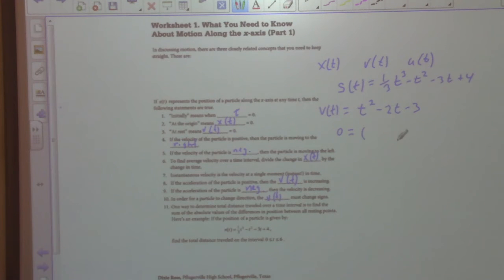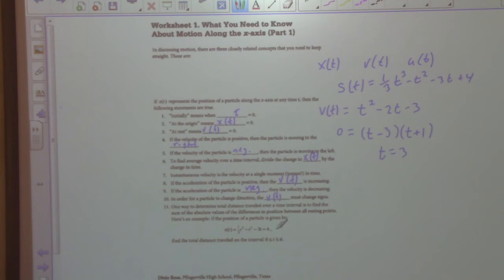And then we try to factor if we can, and that would make our life easier. So then what will we have for this? Negative 3 and positive 1. So t is equal to 3.